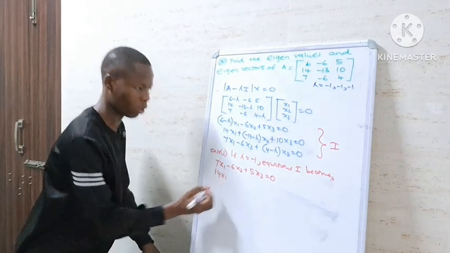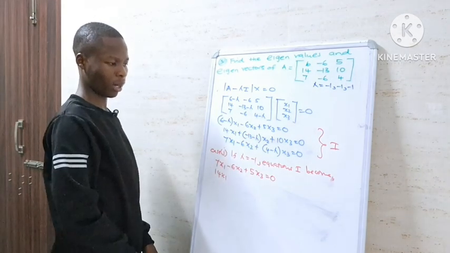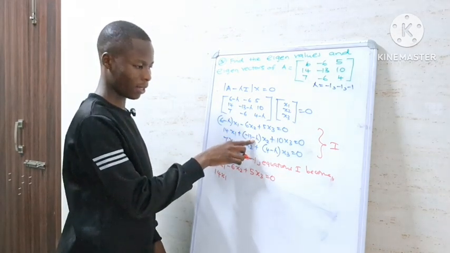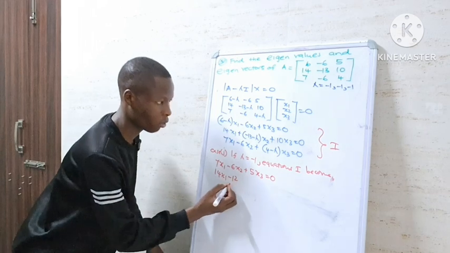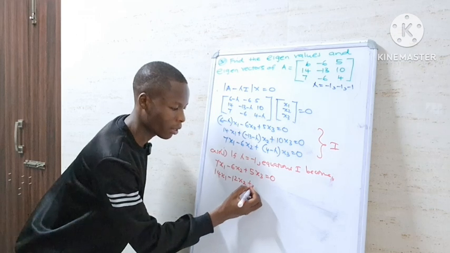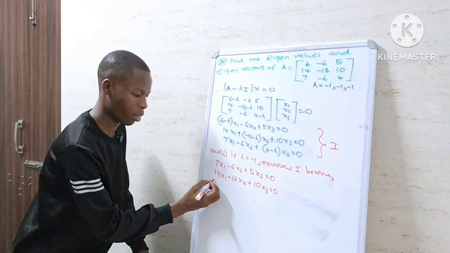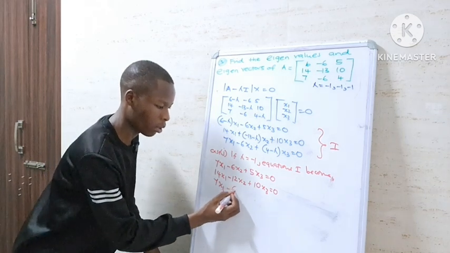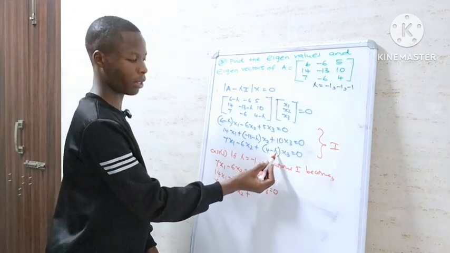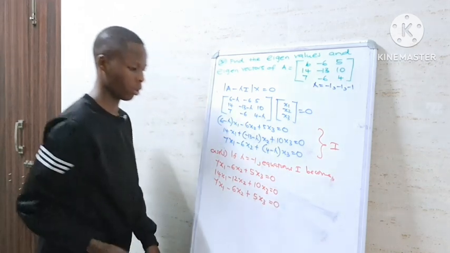This is 14x1, negative 13 plus 1, so it's negative 12 x2 plus 10 x3 is equal to 0. The last one becomes 7x1 minus 6x2 plus 4 plus 1, this is 5x3, is equal to 0.